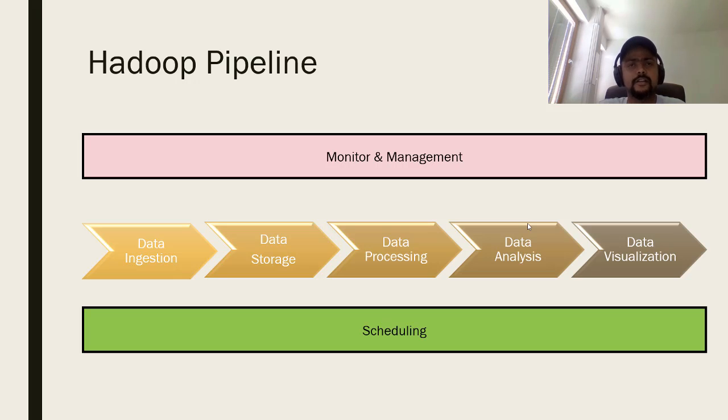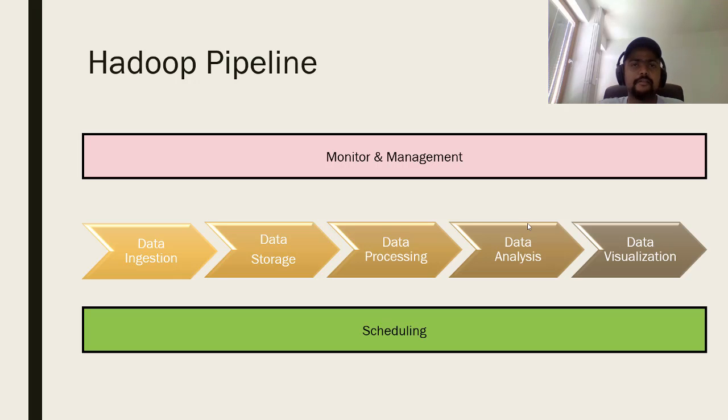So a very vanilla data pipeline is where you first ingest the data, then put it into a storage medium, then pick the data from storage and process, that is, clean it. Once processing is done, you run analytical queries on the processed data, and the output you present on a visualization tool or dashboard.